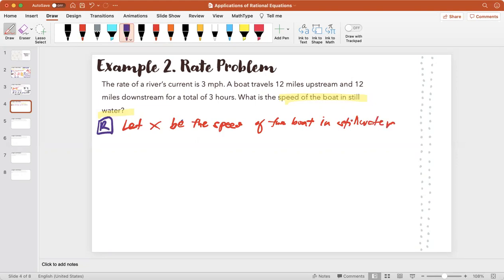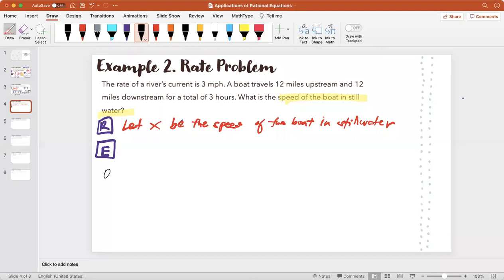Let's find our equation. Let's find the equation using the DRT table.